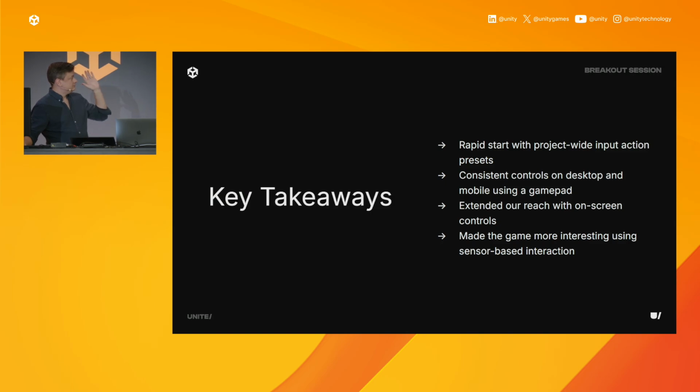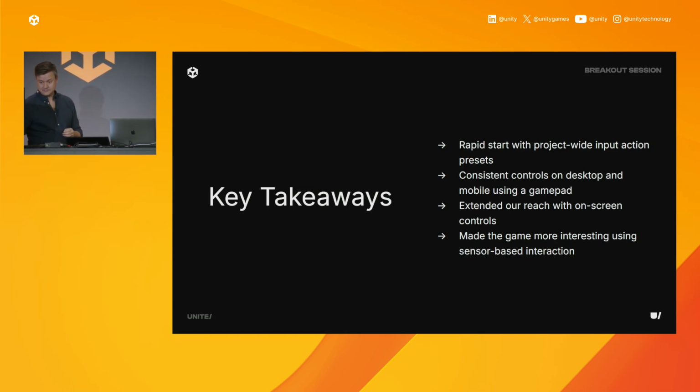So, I hope you agree that doing some small tweaks, but still relying on the same abstract representation of input, we can do it quite differently and add in elements to support a range of platforms where you use different kinds of devices. But the input system can do even more, right?